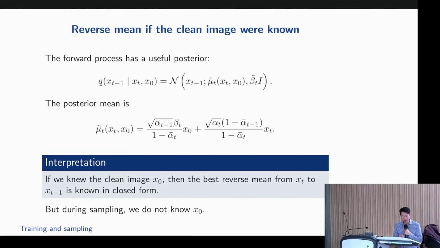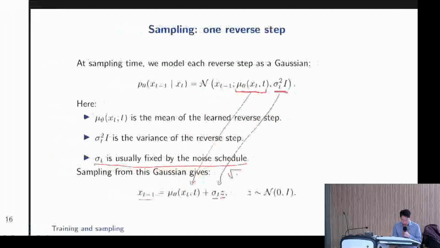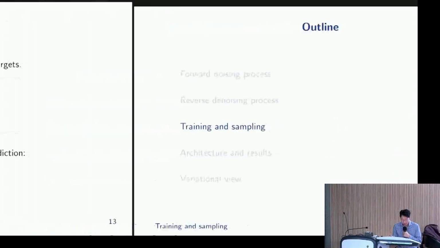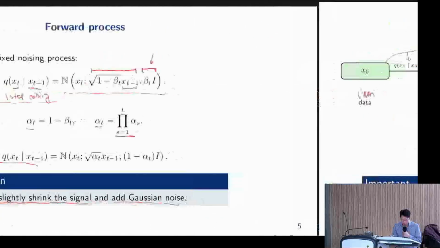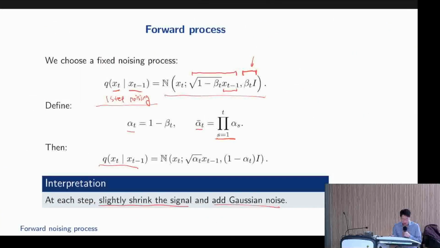So the forward process has a useful posterior distribution. So let's go back. The forward process, which is one step noising, is Gaussian distributed with mean square root of alpha t, xt minus 1, and 1 minus alpha t variance parameter.